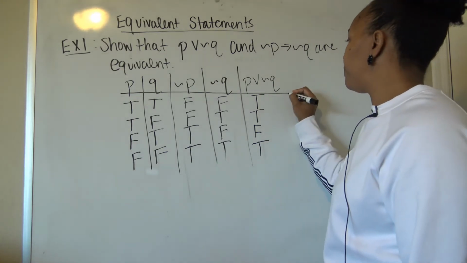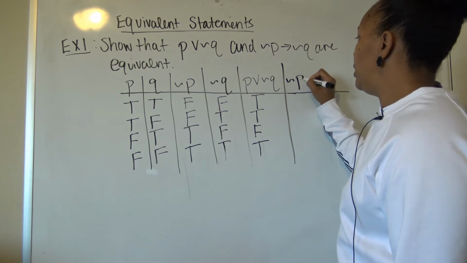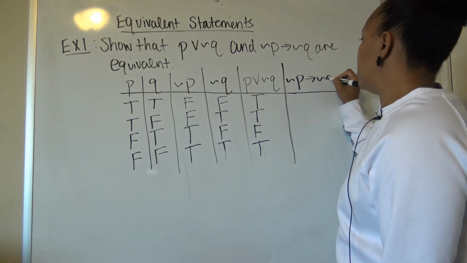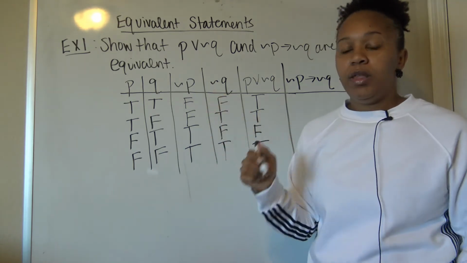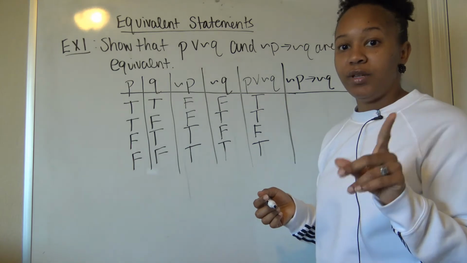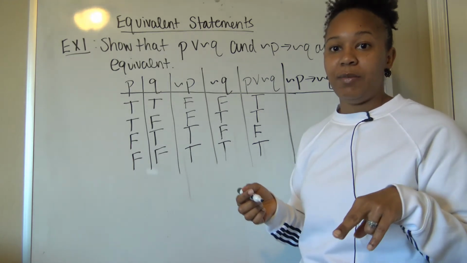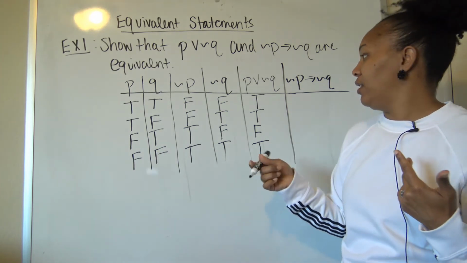All right, now let's look at the if not P then not Q column. So I'm looking at these two columns. Now remember, with the conditional, the if then statement, it is false when the first statement is true and the second statement is false. So remember, I actually like to go and find that case first.